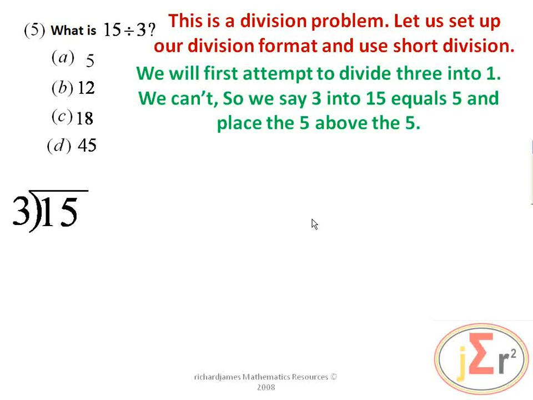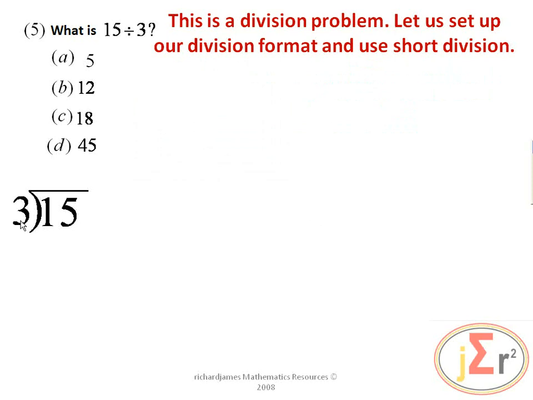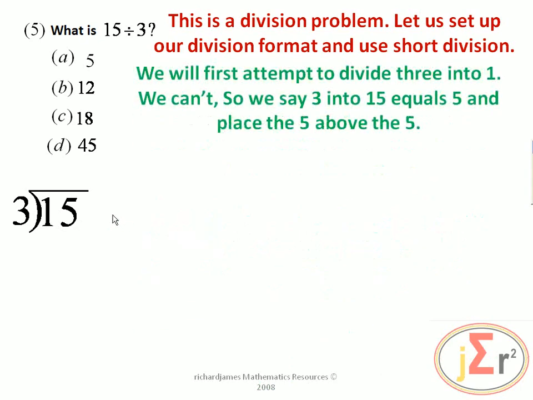We first need to say 3 into 1. We cannot do that a whole number of times. Because we cannot do that a whole number of times, we go to the next digit and include it. So we will say now 3 into 15. 5 times. It goes 5 times, and we place the 5 above the 5.